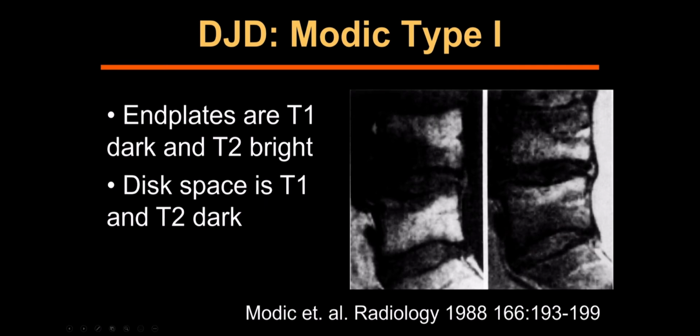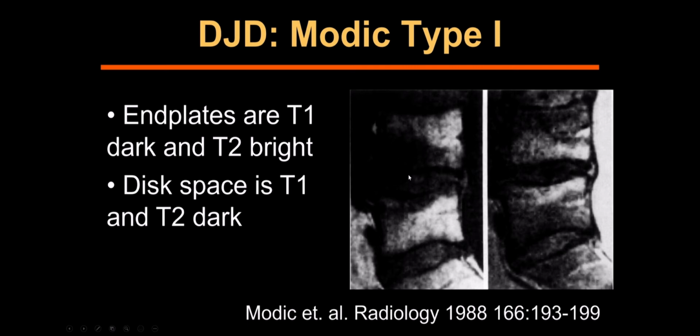Now, as I told you, my major problem is differentiating spine infection from Modic Type I changes. So I decided to review the Modic Type I changes, and for historical interest, I went back to Mike Modic's original article from the 1988 Radiology, and if you look at the quality of these images, thank God we've come a long way.